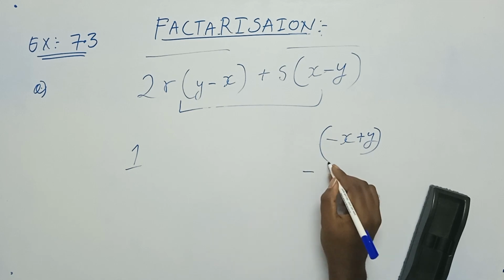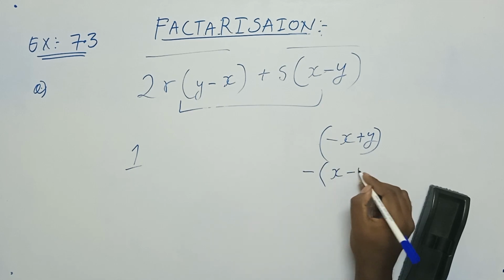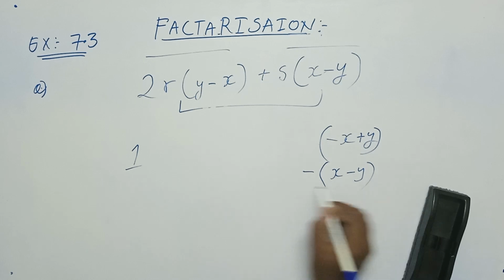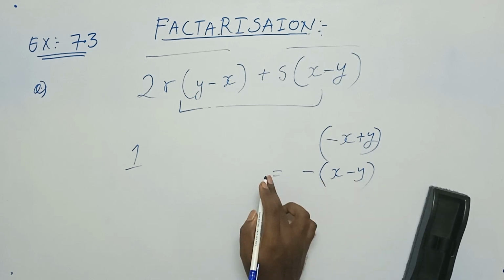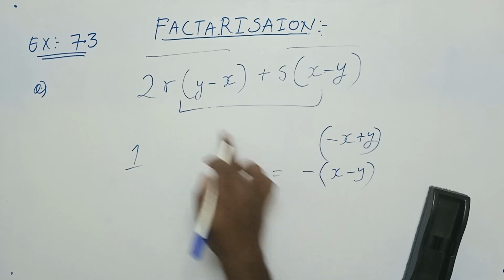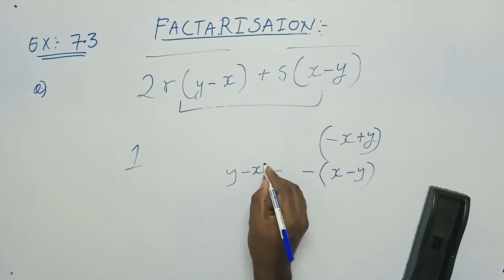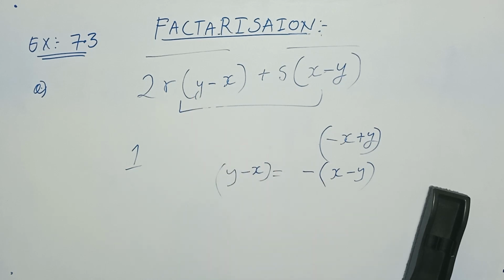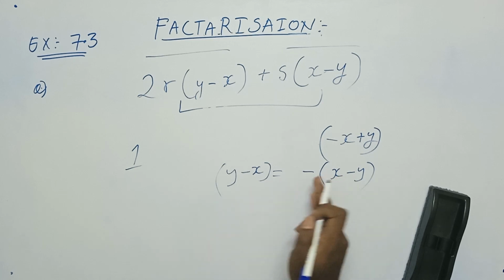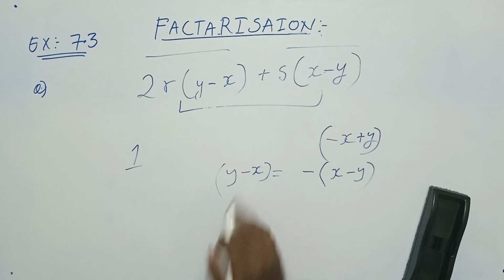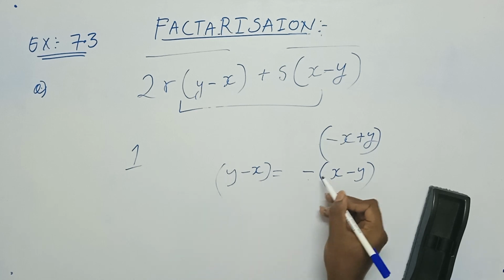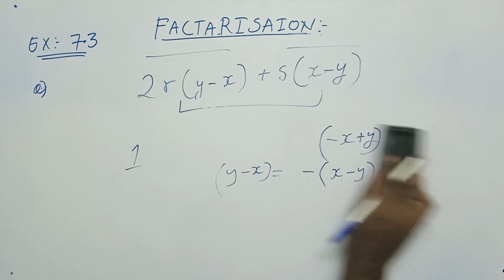It becomes minus of x minus y, which is equal to y minus x. That means there is no change in the value. We have just brought the sign outside the bracket, but the value doesn't change. So instead of y minus x, we can rewrite it as minus of x minus y.